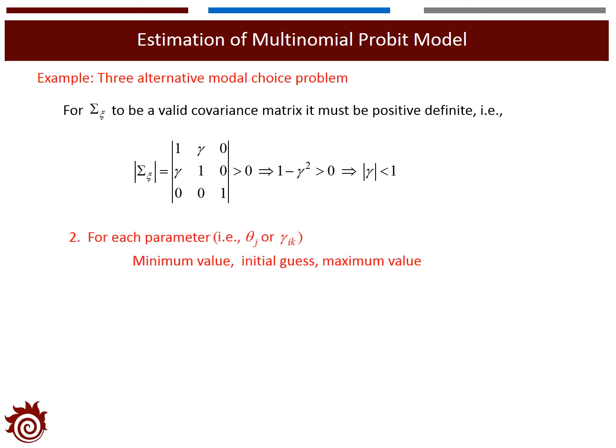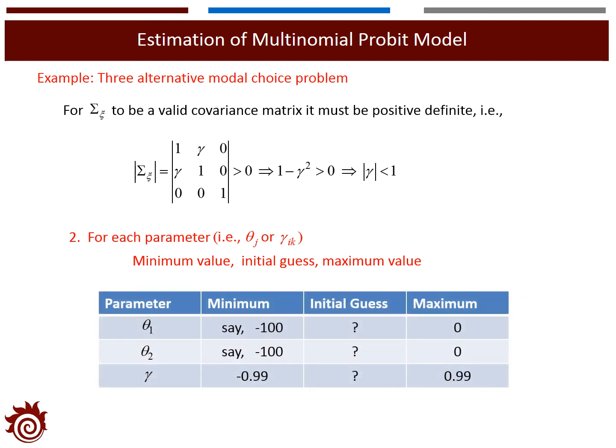In the heuristic algorithm, we need to specify the ranges and initial guess for each parameter. For this example, we have to specify the ranges for 3 parameters, theta 1, theta 2, and gamma. We know that the range of the gamma is between minus 1 and 1, so we specify the minimum value is minus 0.99 and maximum is 0.99. And for theta 1 and theta 2, the range should come from the previous study or some human experience.